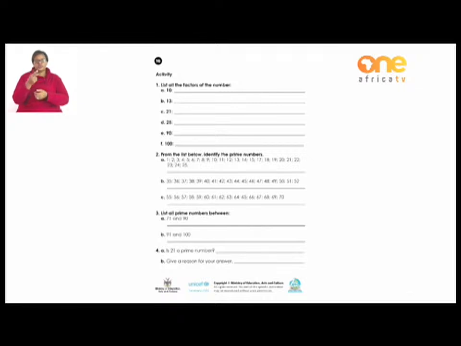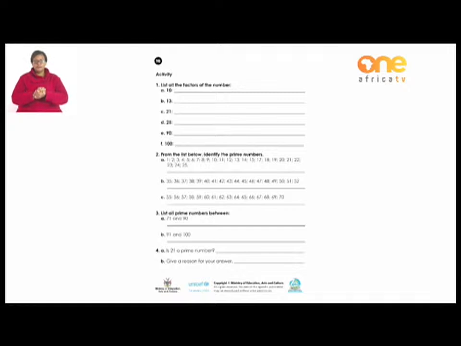From the list below, identify the prime numbers. There are numbers listed there from 1 until 25. You only need to choose which numbers are prime numbers, and then you write them on the space provided. You do the same with B and also with C.